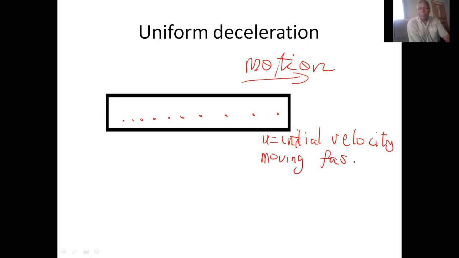Why are we saying it's moving faster? Because the dots are far apart.